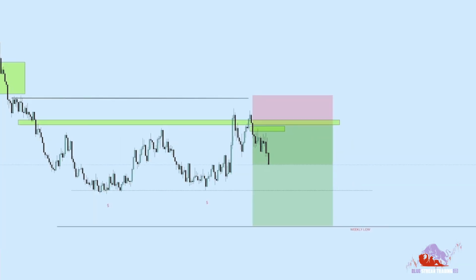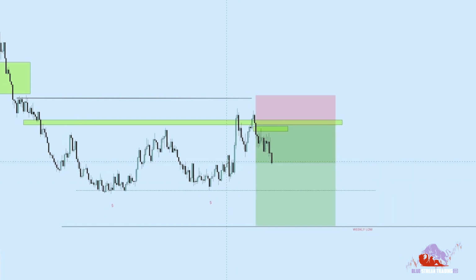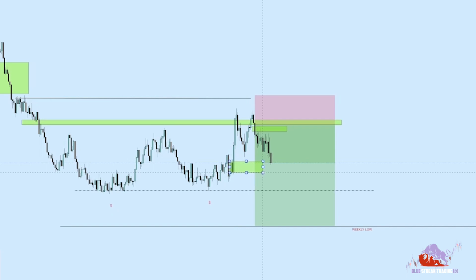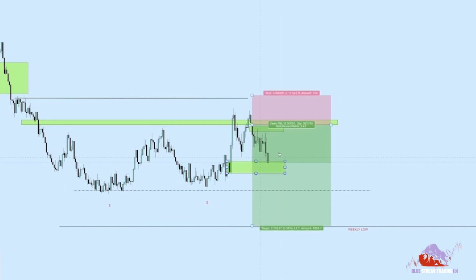Price is dropping. Now at this point, we do have this 1 minute order block here, right? So you could have taken profit here. Let's see how many pips from your entry.